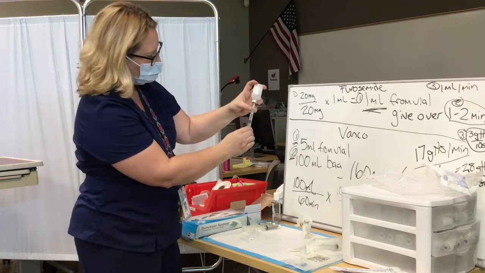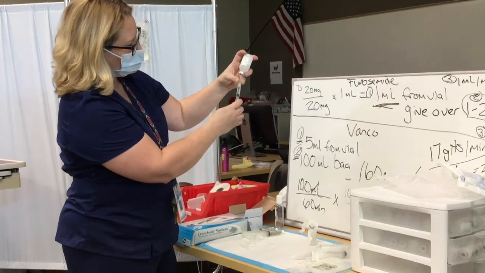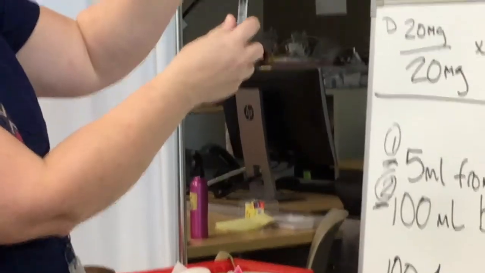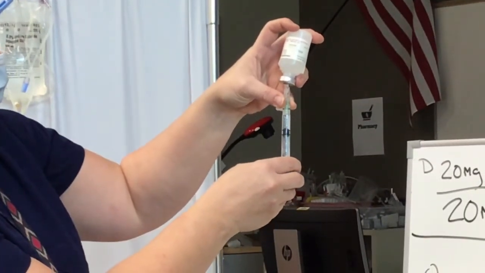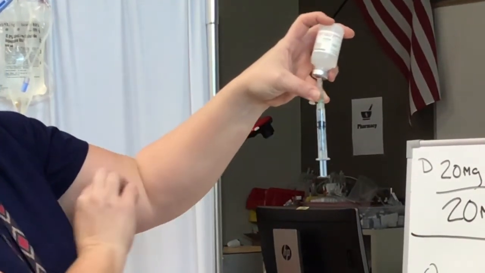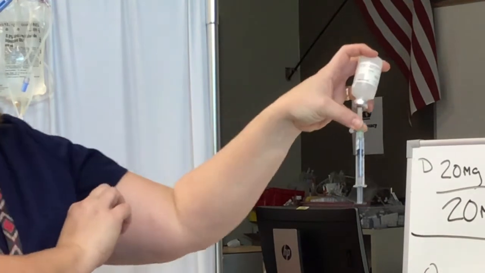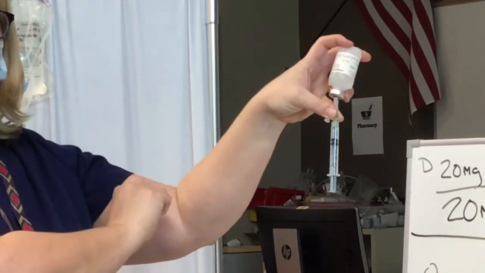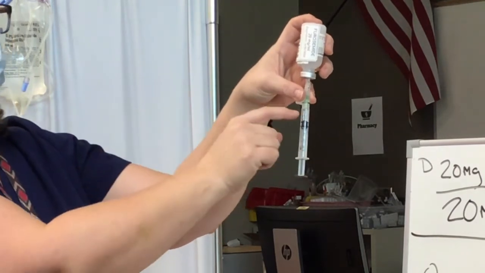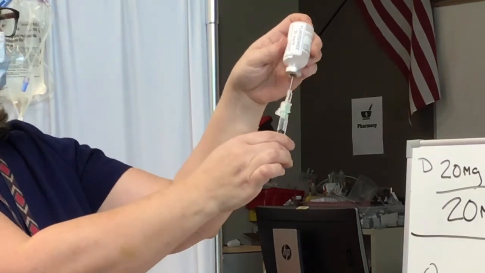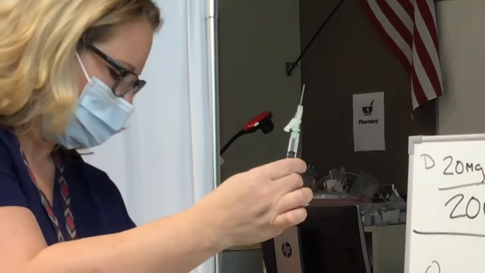I don't know if you can see. We're going to pull out a little more than a milliliter, get the bubbles to the top, and then inject it to right at the milliliter line. You will show this to your instructor. I've pulled 1 milliliter of furosemide, 20 milligrams per milliliter. So there are 20 milligrams of furosemide in this syringe.